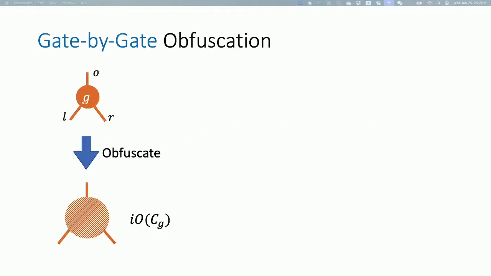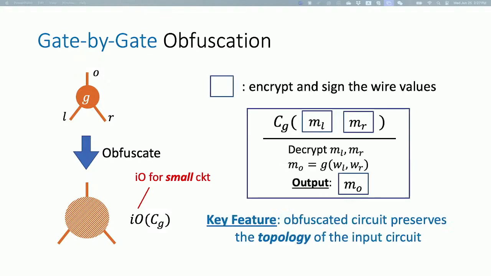The high-level idea is just that for each gate in the original circuit, we're going to blow it up into some larger circuit CG. This larger circuit is going to internally decrypt the ciphertext for each wire, do the gate computation, and output the ciphertext of the output wire. The key feature of this kind of obfuscation template is that it can preserve the topology of the input circuit.